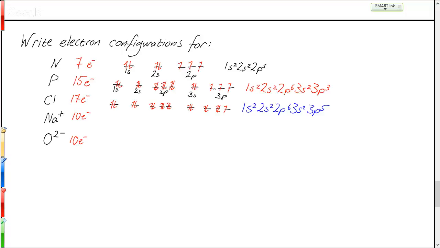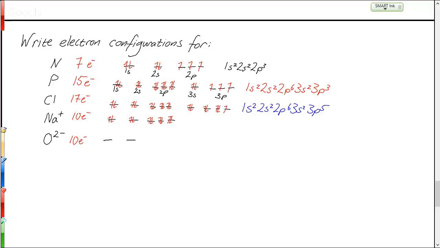Down to the ions, nothing special here. We had to use the fact that they're ions to figure out the number of electrons, but the configuration goes the same. So that'll be 1, 2, 3, 4, 5, 6, 7, 8, 9, 10.